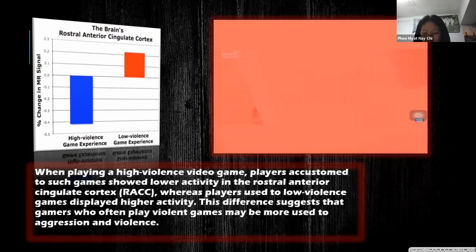It also reduces activity in areas associated with critical life skills like decision making, which means they have lower control over decision making skills.